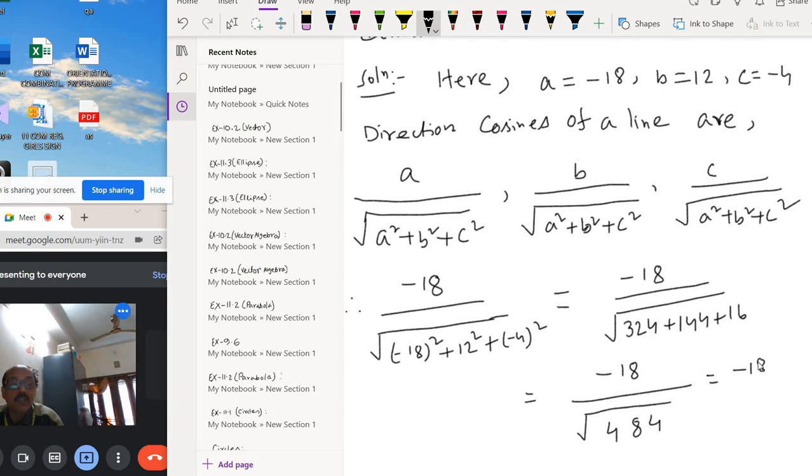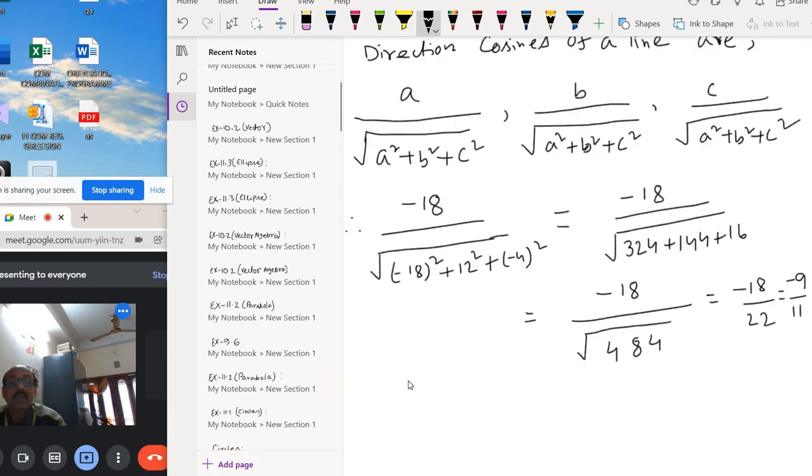So minus 18 by 22 equal to minus 9 by 11. Minus 9 by 11. Okay.